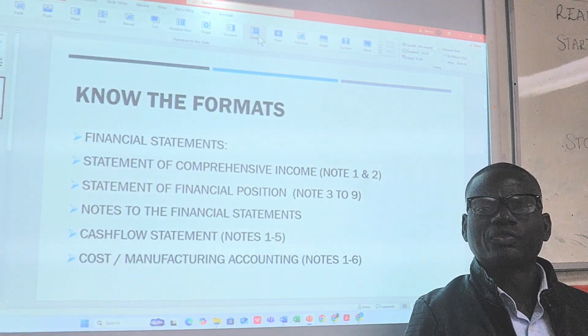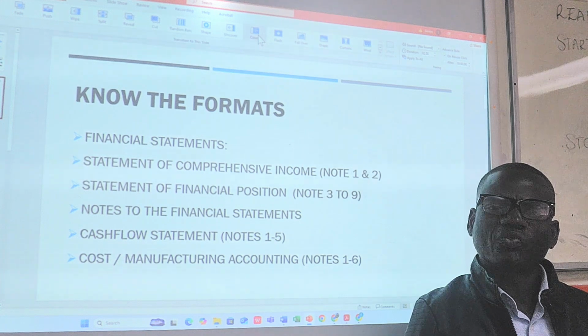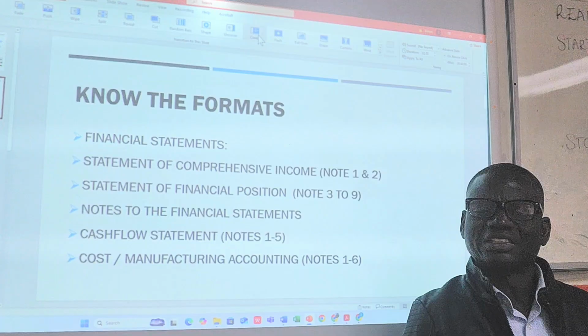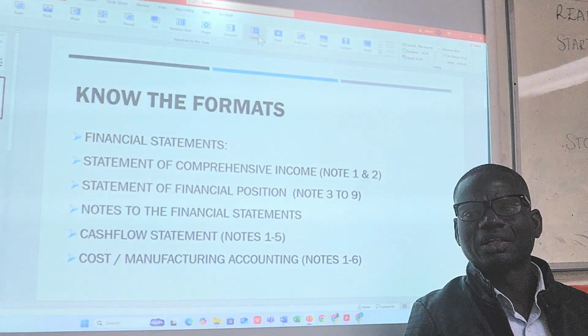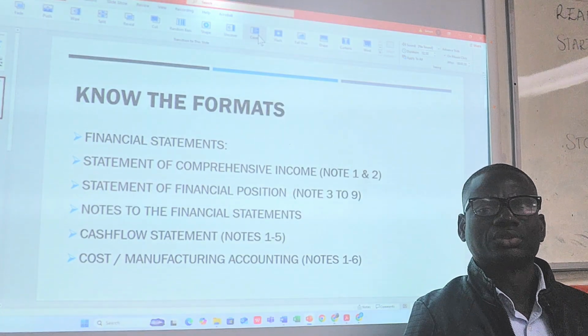Then we have number 3, tangible asset or fixed asset. We have inventory, number 4. Number 5, trade and other receivables. Number 6 is cash and cash equivalents. Number 7 is ordinary share capital. Number 8, retained income. Number 9, trade and other payables.